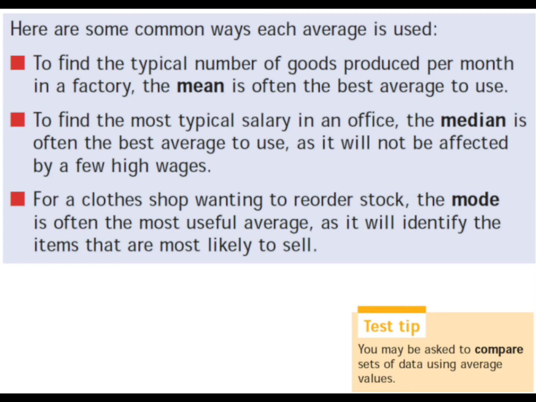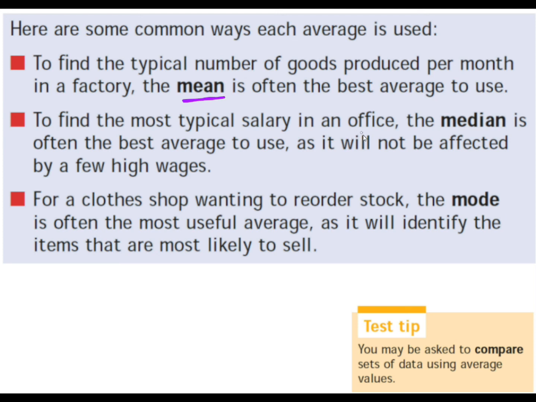So there's a good time to use certain averages. If you're going to find the typical number of goods produced per month in a factory, then you would use the mean, because you're looking for kind of the numerical middle of what you're producing in the factory.